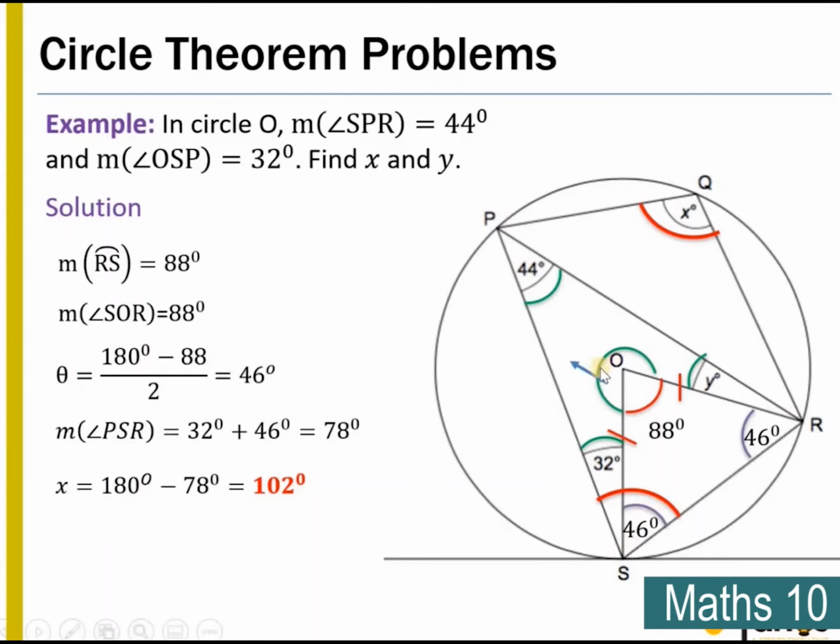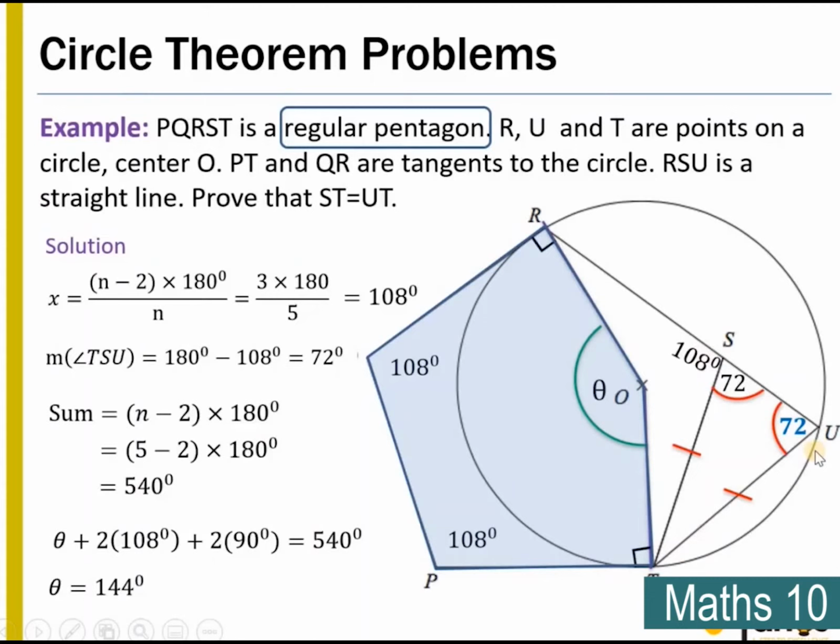This angle here is equal to 360 minus 88, which is 272 degrees. So y plus 32 plus 44 plus 272 equals 360. So y equals 12 degrees. And this is what we were trying to prove.